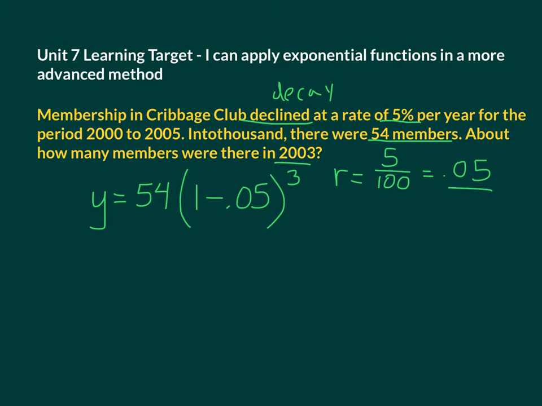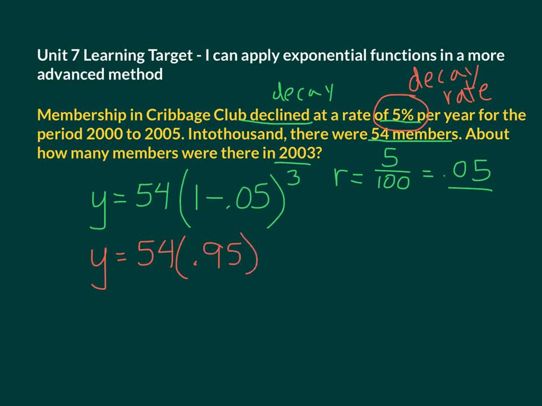Something I want to look at: this rate, 5%, and we know it's decay, that's the decay rate. It's the rate it's decaying. But if we simplify this equation, y equals 54 times, what is 1 minus 0.05? 0.95 to the third.